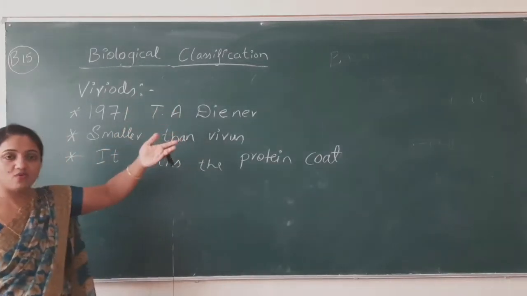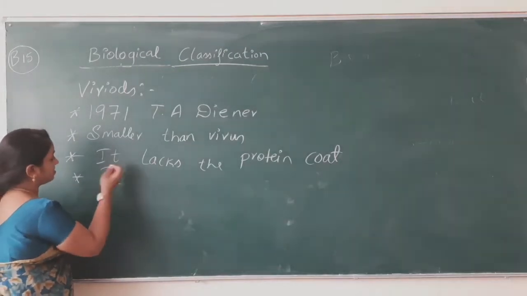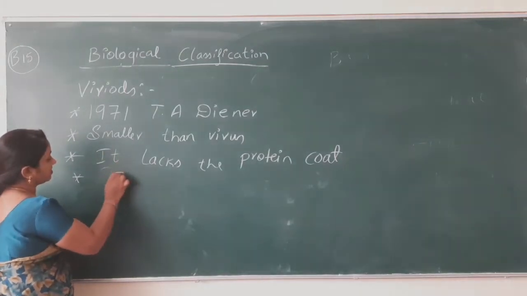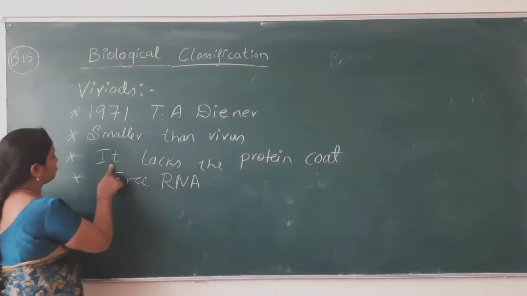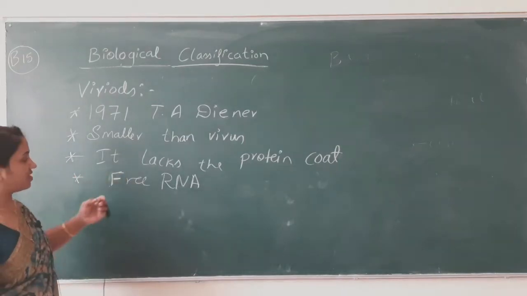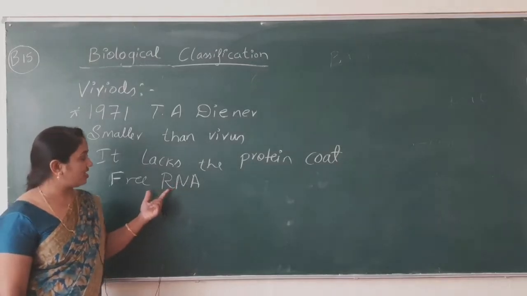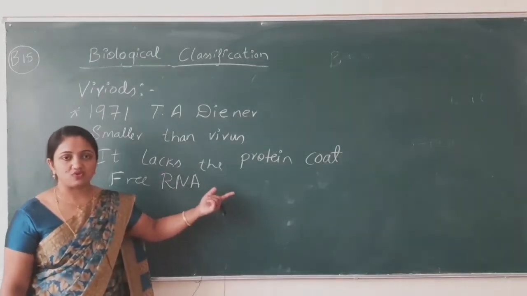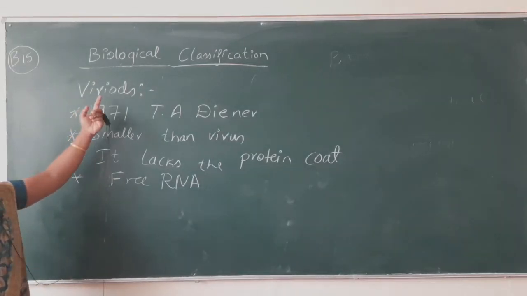Then what else? It has only a free RNA that will be moving randomly from here to there. Whenever it finds a host cell, it will just enter and cause the disease. It has only free RNA.